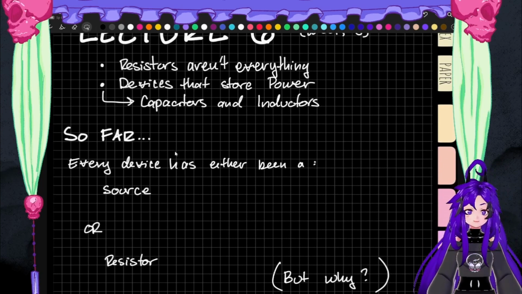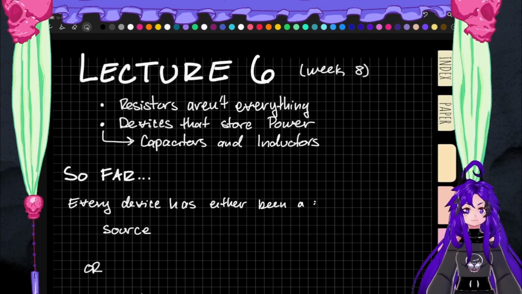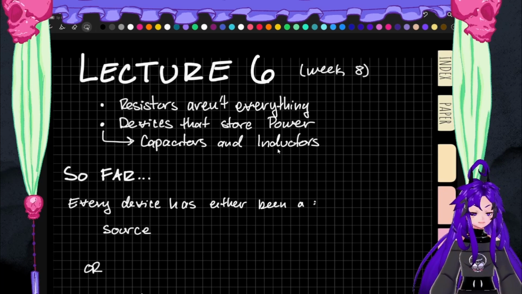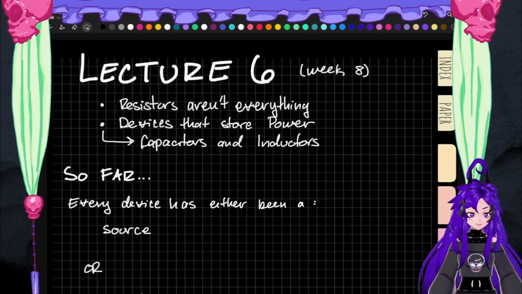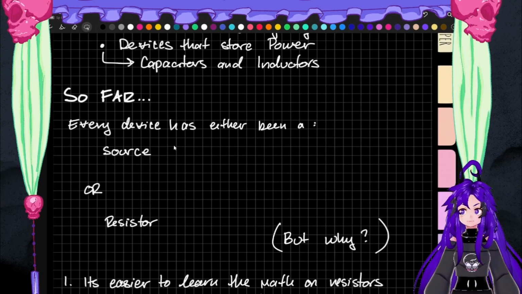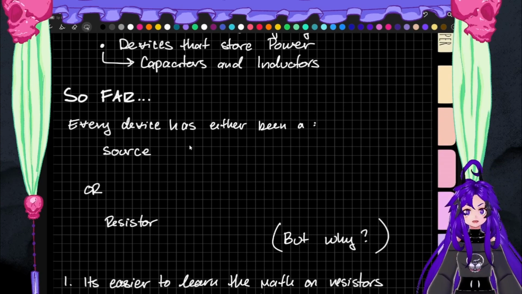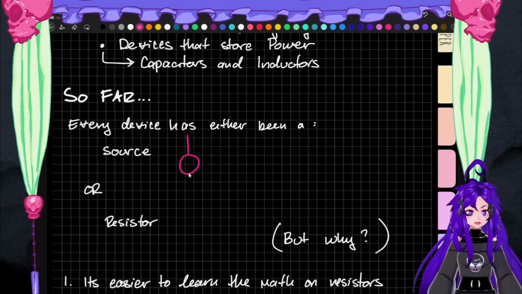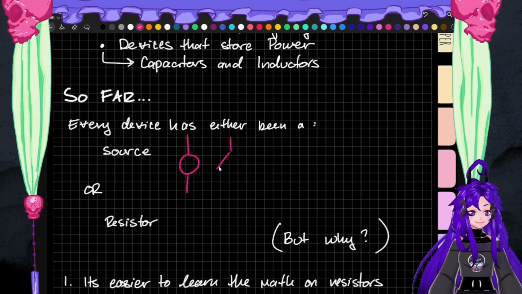We're looking at devices that store power. These are really common. You're gonna see them a lot. They require some understanding to work with, so let's do that. So far, every device we've had has either been a source, so, the round guys, the diamond guys, or batteries.